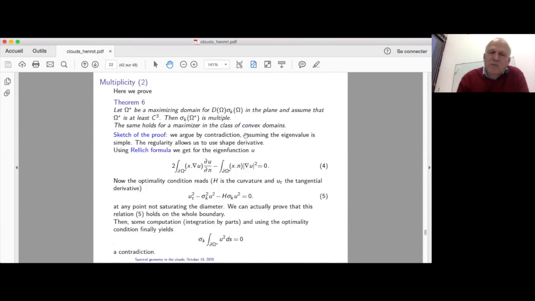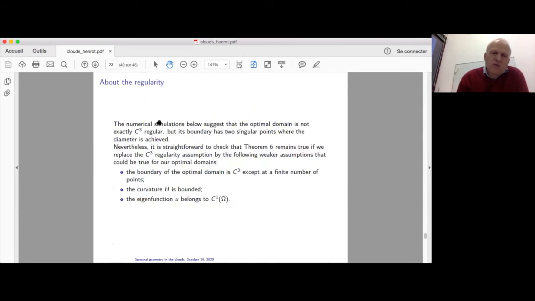So in particular, in my previous theorem, when I assumed C3, it's for sure too strong. But when I look at the proof more precisely, I do not really need C3. I need C3 most of the time in order to be able to write the shape derivative. But for example, in the picture I have, when I have only 2 singular points, it's okay. If I have C3 except at these points, it will be okay.